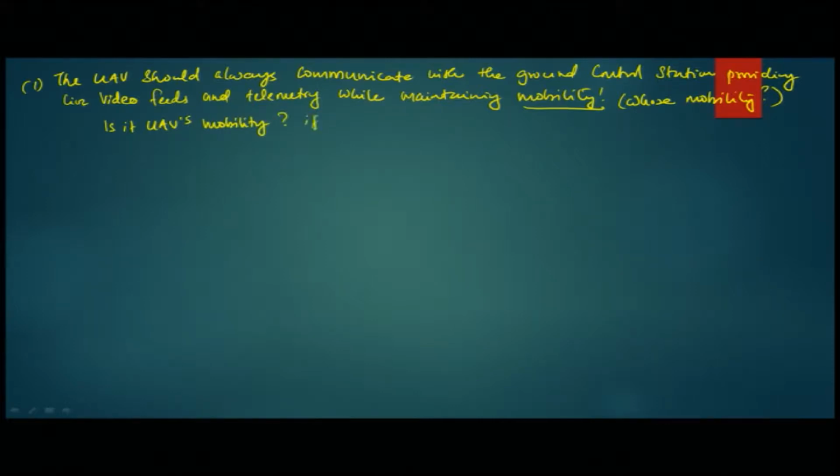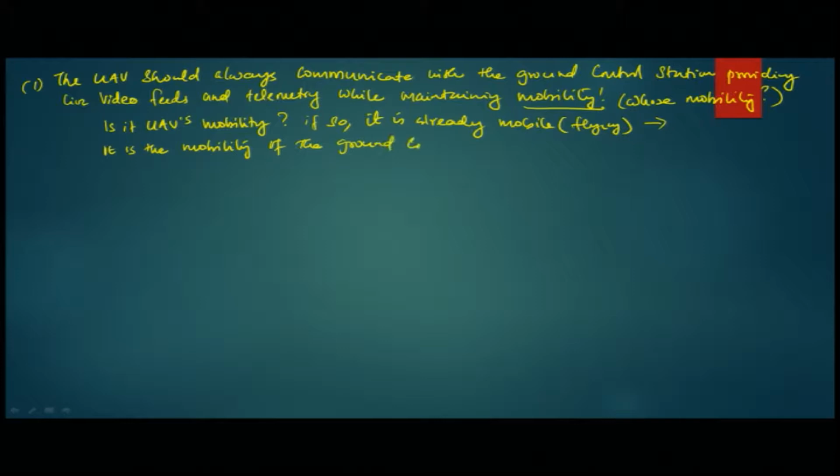If so, it is already mobile, or in a way it's flying, so there is no point in asking for its mobility. Then the user said, no, it is the mobility of the ground control station while the UAV is flying.